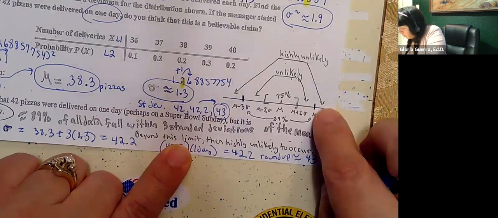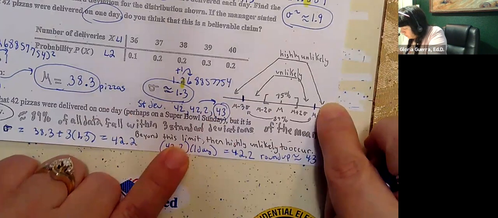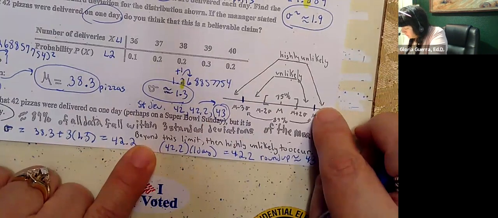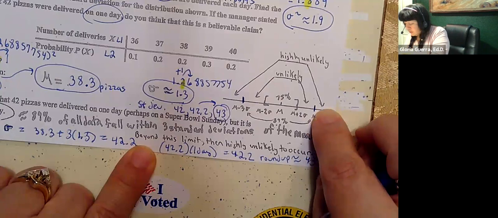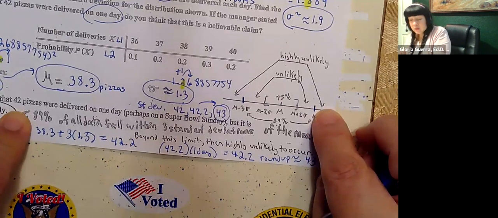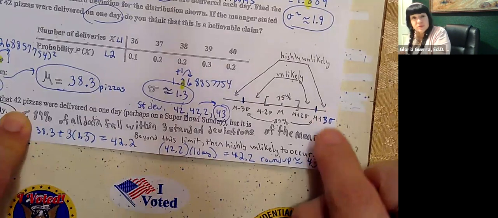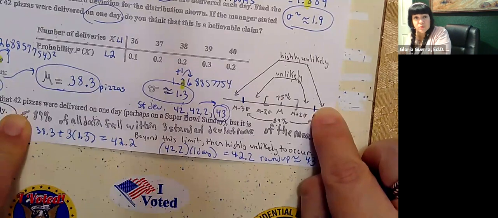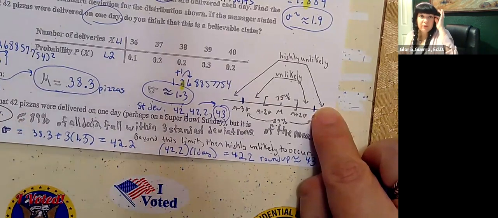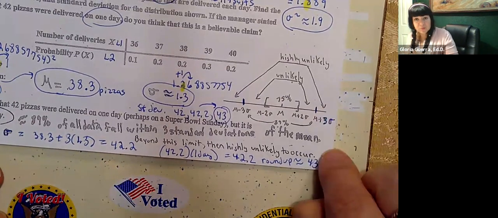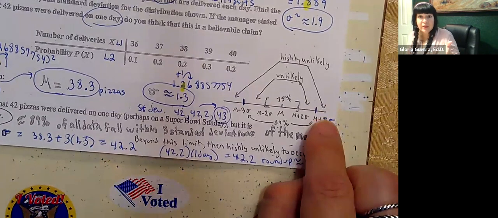We're hovering over here at above, like at 43 pizzas. So you see, they said 42 pizzas, and already at 43 pizzas, we're under the highly unlikely. So it's possible. It's not like they said, how about if you got 500 pizzas? So 500 pizzas is way off from 43. So I would say, yeah, it's possible, but it's unlikely.